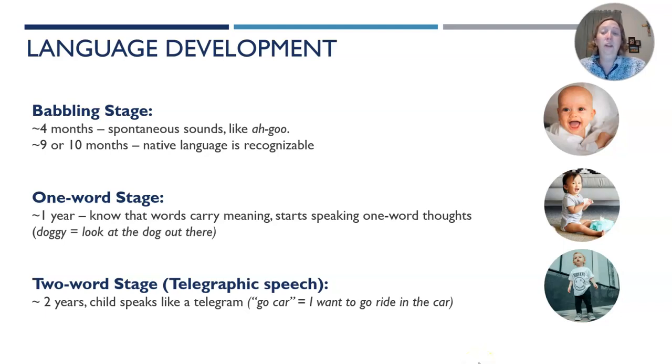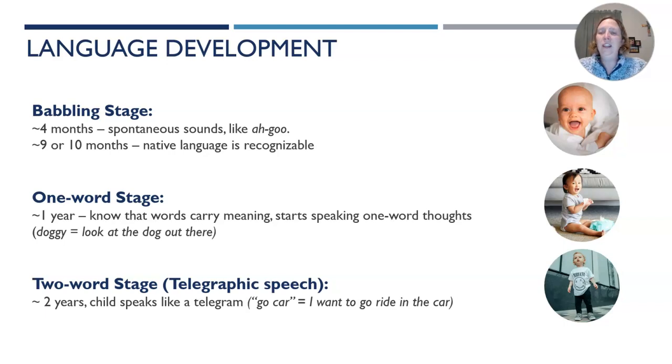By approximately 1 year old, we do start to hear words like dada, mama, and at 1 year old, they are in the one word stage. We know that the words carry meaning, or the child knows that words carry meaning, and they can start speaking one word thoughts. Like they might say doggy, but what they really mean is look at that dog there.